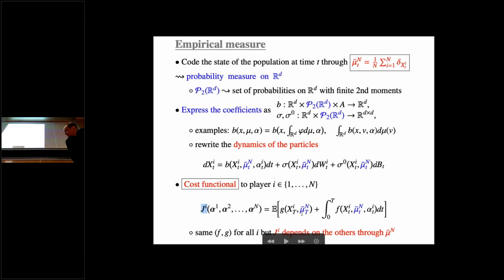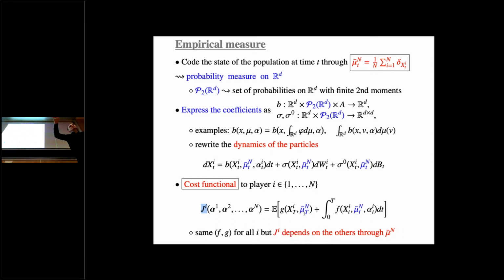So the form of the cost functional is typical of what you have in optimal control or in stochastic control theory. You have a terminal cost, okay? And in the terminal cost, once again, this is a function depending on the state of i at time T and the state of the population at the same terminal time. Once again, you may think of a convolution.